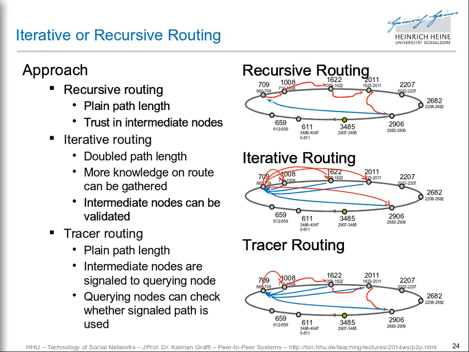Again, we have a plain path length. And the querying nodes can check whether a single path is used. So, for example, again, we can have a malicious node here, and this node drops this message, and we know that the node 1622 wanted to forward this query to this node, but he didn't respond, or he didn't forward it.